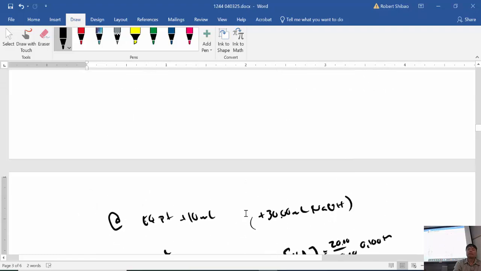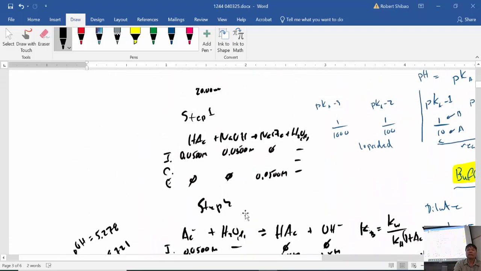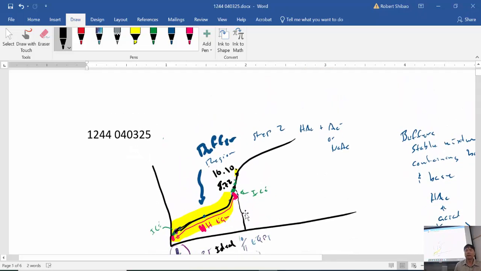Which brings up that once we go to 30 milliliters, we're already at a pH of 12.3.